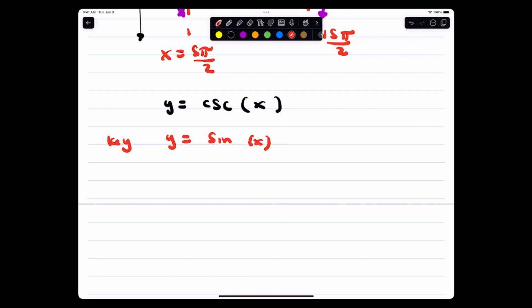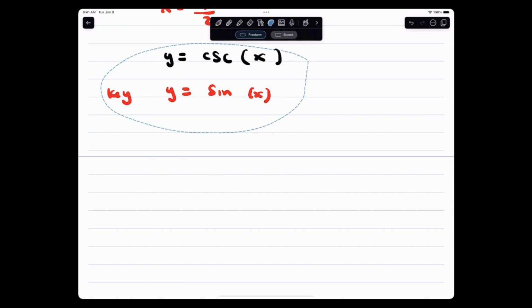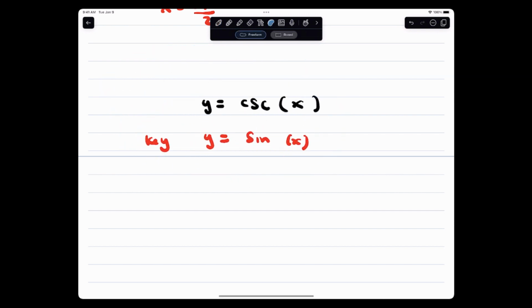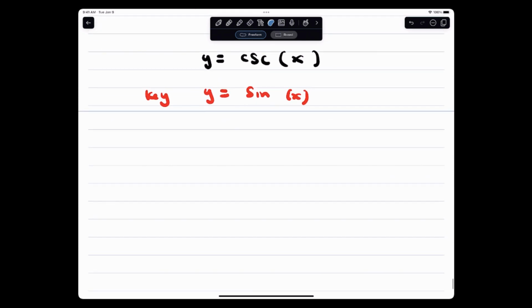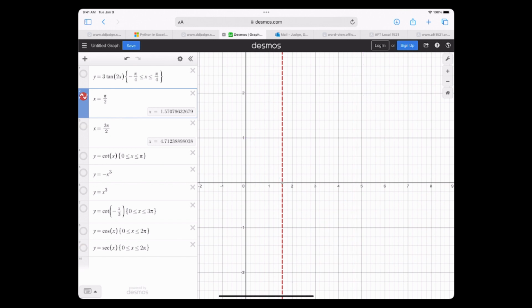Sine. So the key is to graph sine. So it's the exact same process. You just have to graph sine now. So if I share with you guys in Desmos, and I'm going to get rid of these things for now.